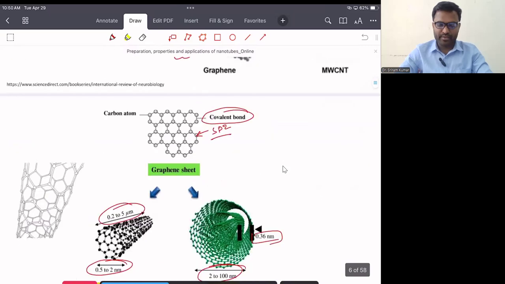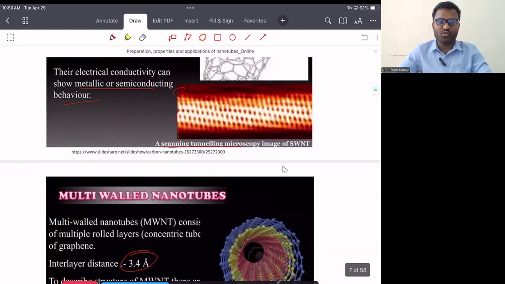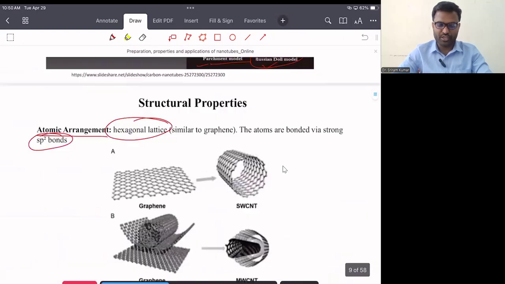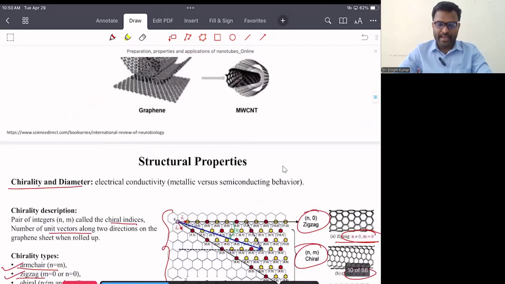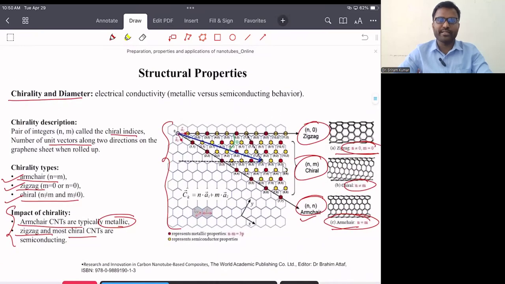And further, we understood the properties of these two types of carbon nanotubes, and the important properties of carbon nanotubes. For example, the most important is the structural property.